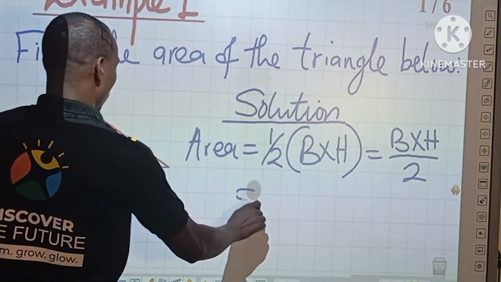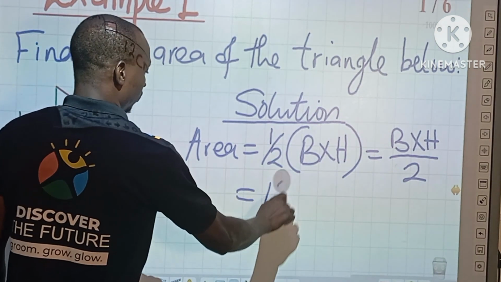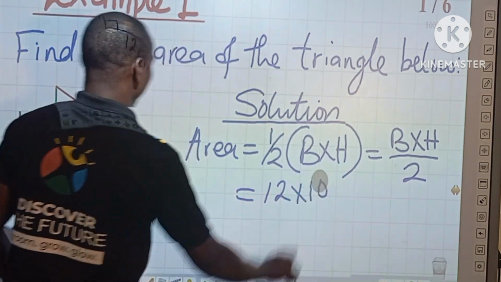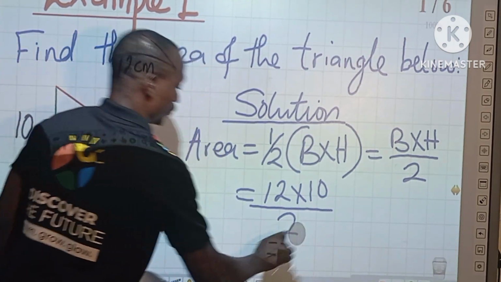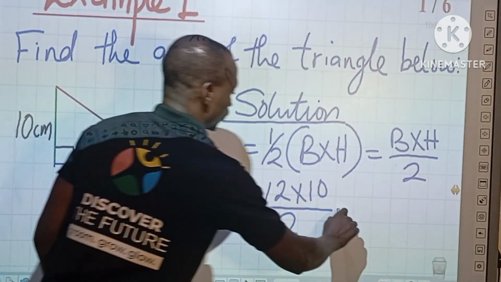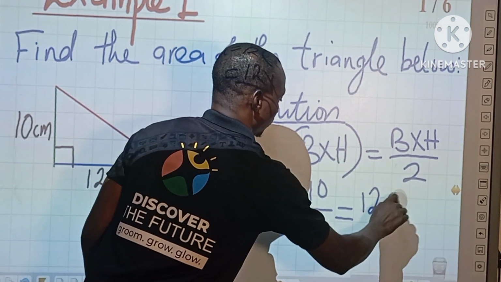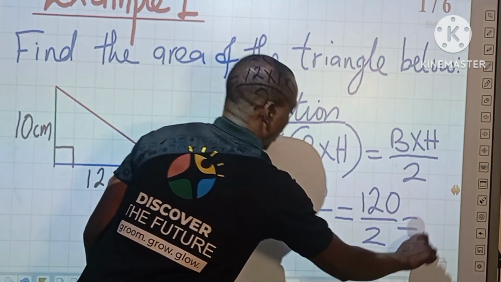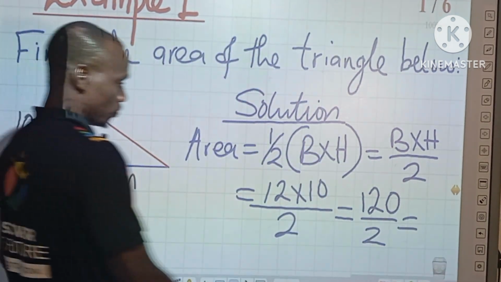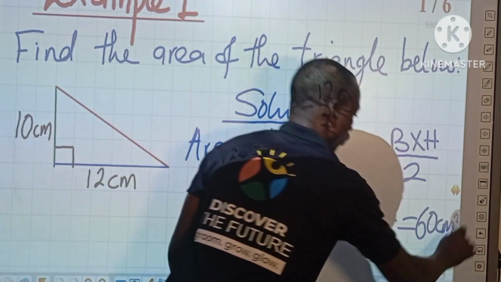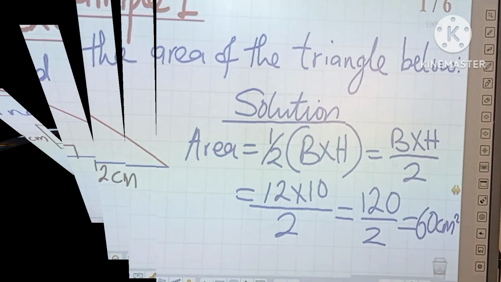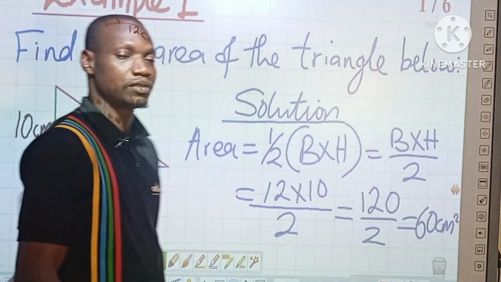Now with this, we have a base which is 12 times the 10, which is the perpendicular height, all over 2, which gives us 120 over 2. And our final answer here is 60 centimeters squared. That is the area. Now let's look at another question.